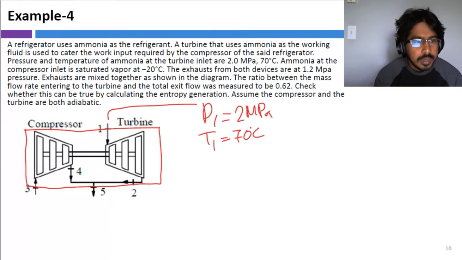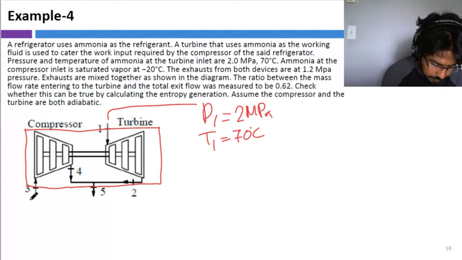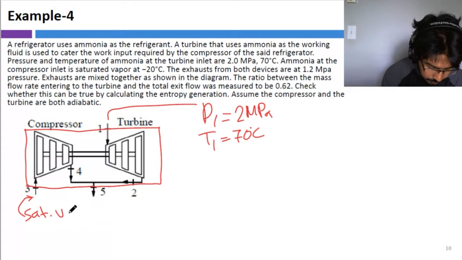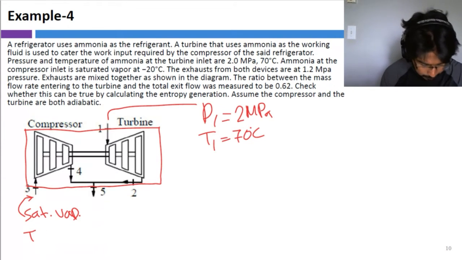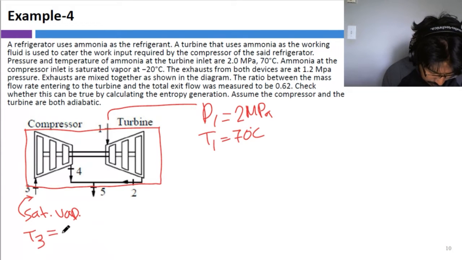Ammonia at the compressor inlet is saturated vapor at minus 20 Celsius. So the compressor inlet is here, that is saturated vapor, and the temperature T3 is given as minus 20 Celsius.